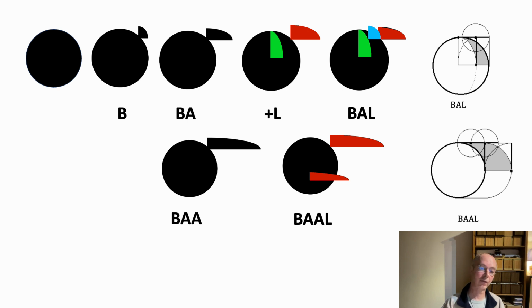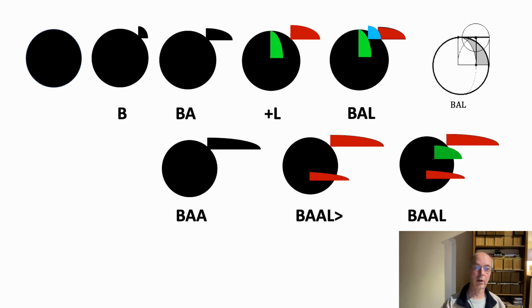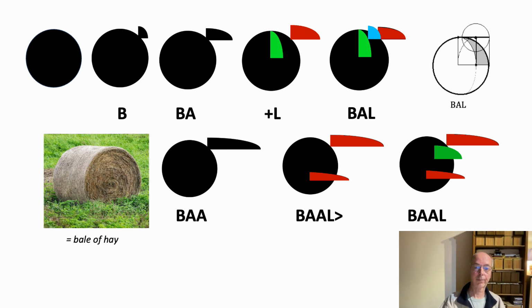The results of the L will also be different, and the results of all the combinations will also be different, and it will create a different result. So BAL and BAAL are creating different results.